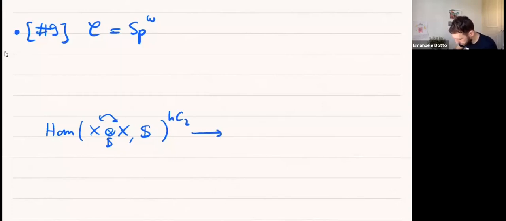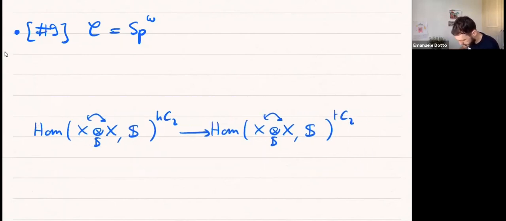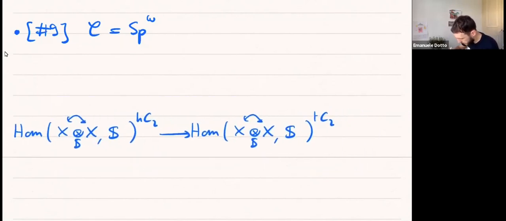Again, this maps to the same thing with a Tate construction by taking the cofiber of the norm map. And again, like before, this is equivalent to hom from X into the Tate construction of the sphere.